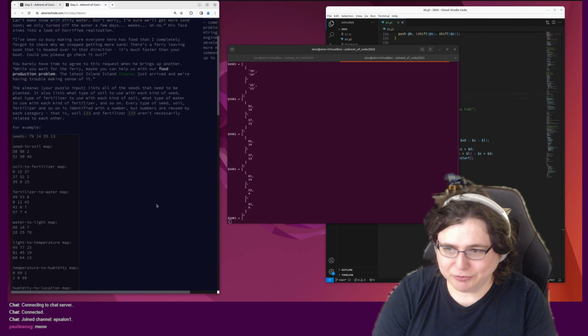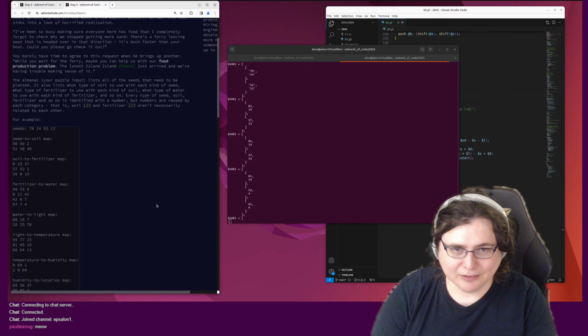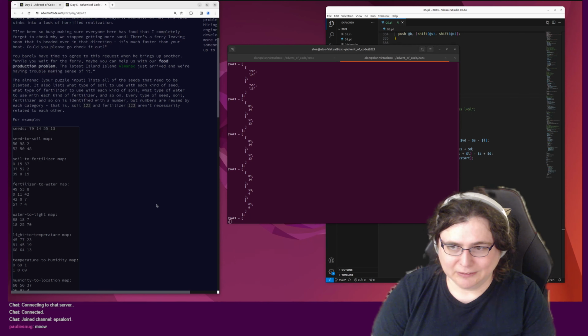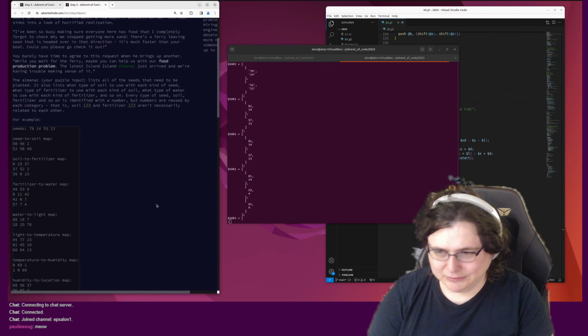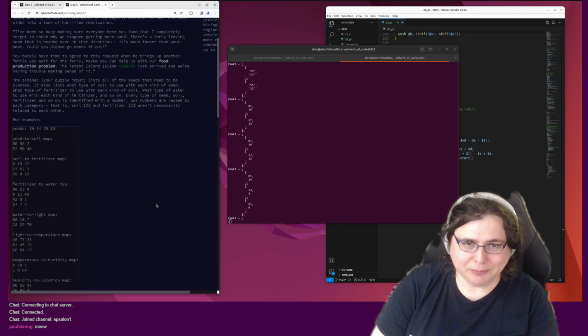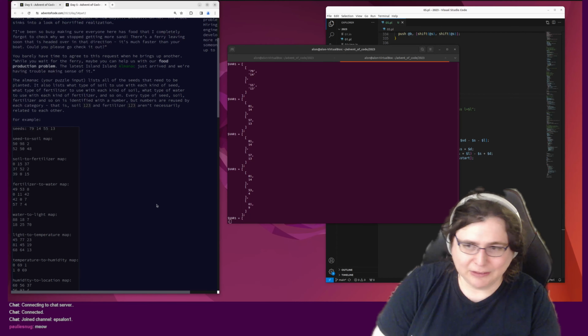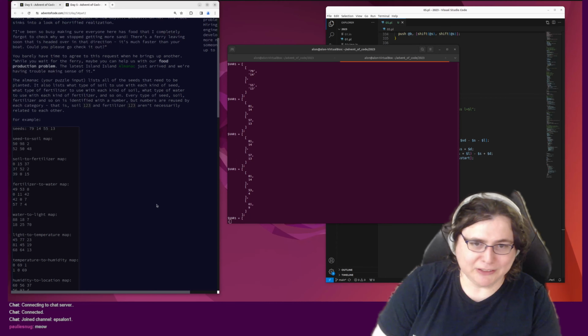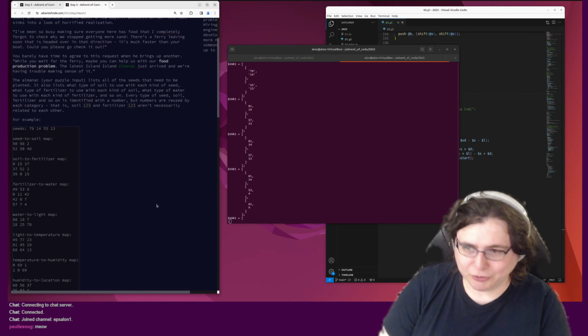Then 50 98. So that covers the second one. Sorry, 98 length 2. That doesn't apply to either of them. 50 length 48, that applies to both of them, and it increases them by 2. So far, so good.